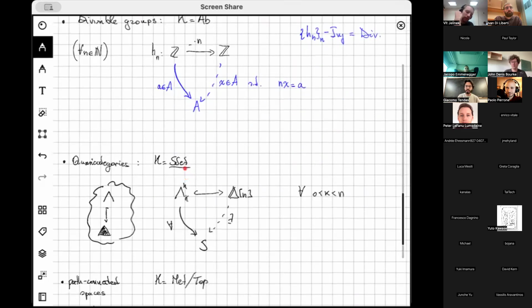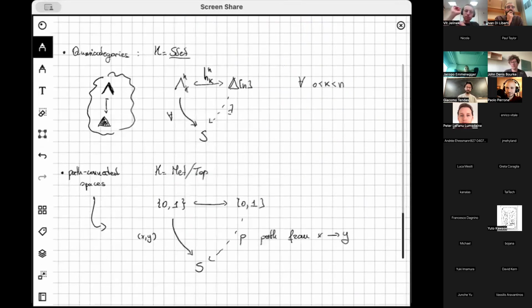If you go to the category of simplicial sets and you take as H the inner horn inclusions, then injectivity defines quasi-categories. So the idea is always that quasi-categories are defined as those where you can fill triangles. And so on.